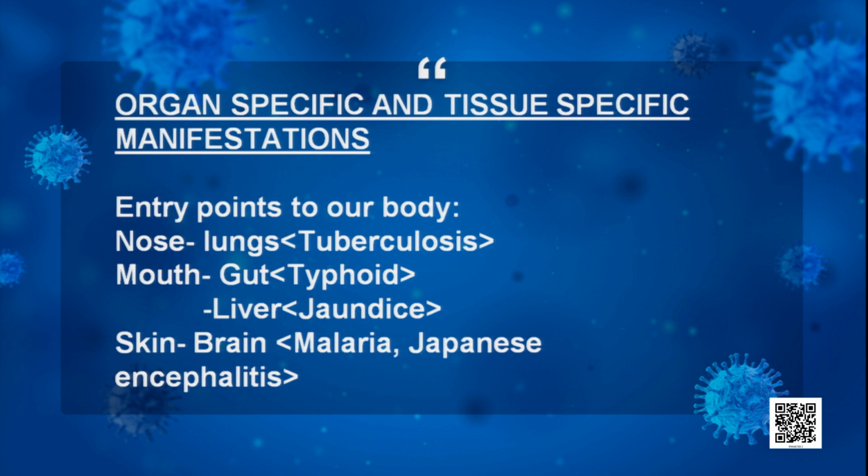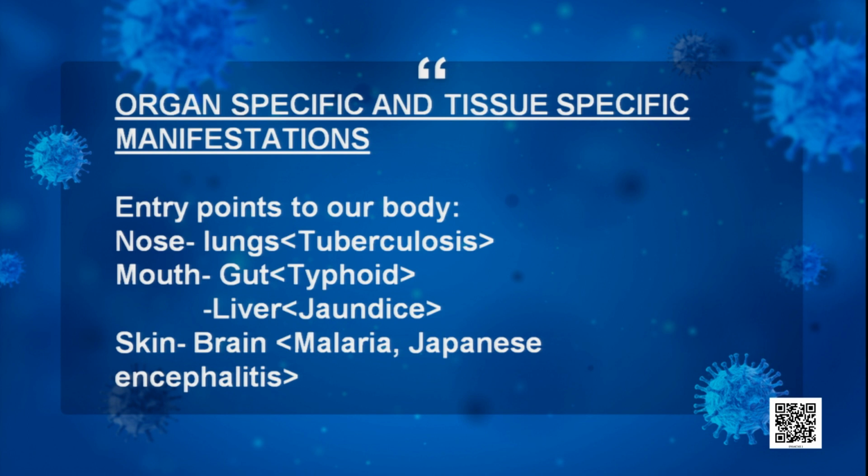Similarly, from the mouth it can also enter the liver, and then it can cause a serious and severe disease, that's jaundice. So here the point of entry is deciding the type of disease, or which tissue, which organ is affected, and accordingly you have disease symptoms or manifestations of the disease.